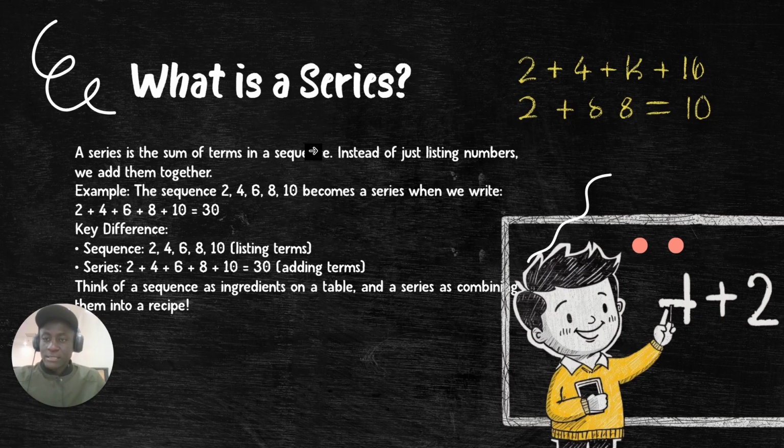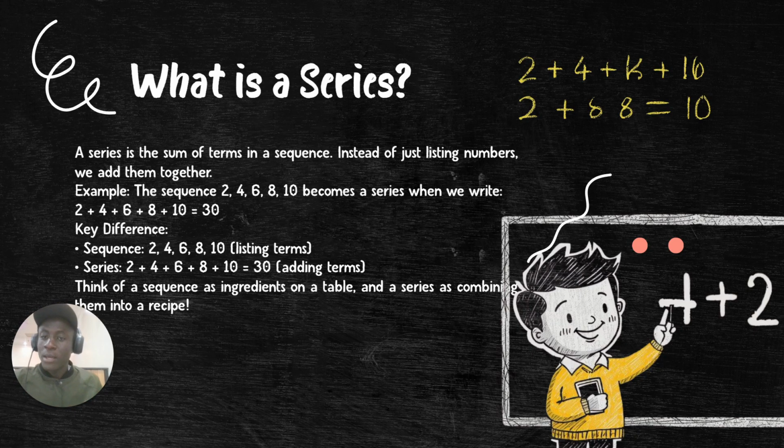What is a series, in fact? A series, as you can see on my blackboard, is a sum of terms in a sequence. We have sequence and we have series, and most learners, if I'm not mistaken, confuse these two things. A sequence is a listing of numbers, like 2, 4, separated by a comma.